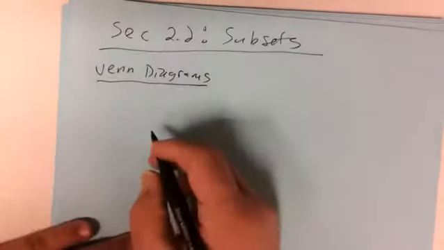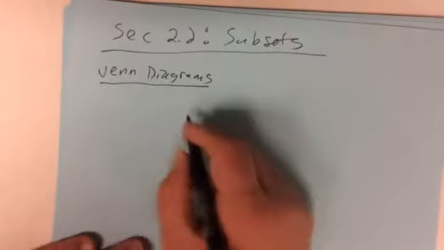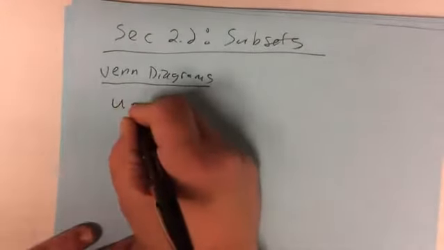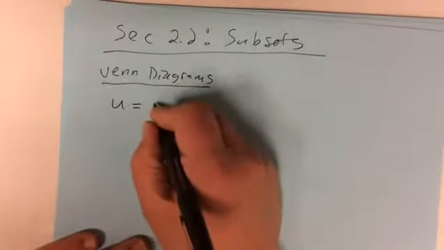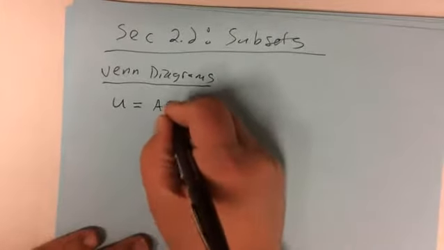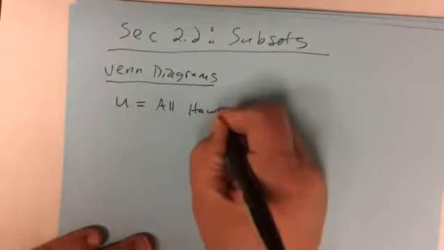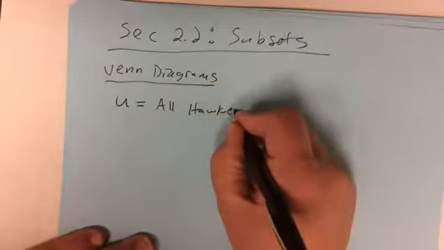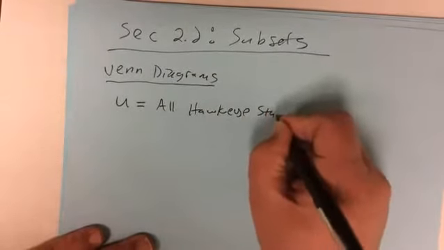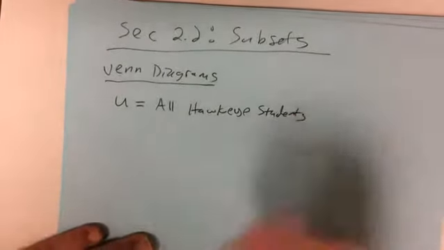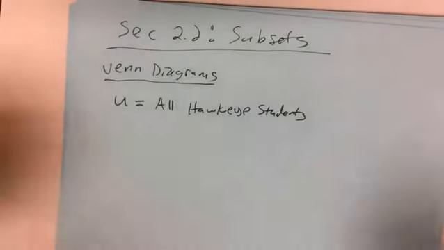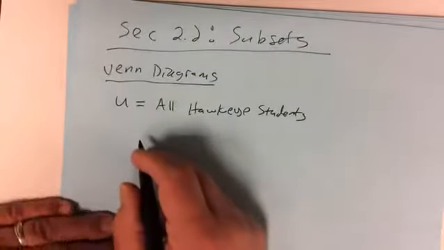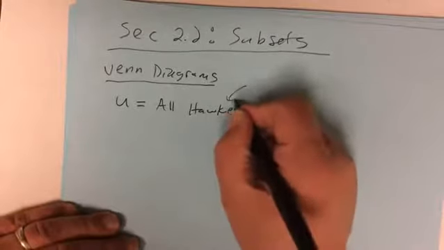The idea with these Venn diagrams is you always start with a universal set, and let's just let this be all Hawkeye students. I'm just going to try to make this as easy as possible. So we could think all Hawkeye students enrolled spring of 2019 or whatever semester it is. Okay, and so this is the universal set.